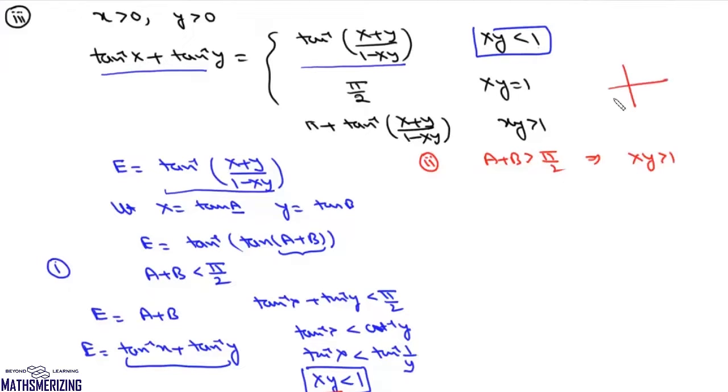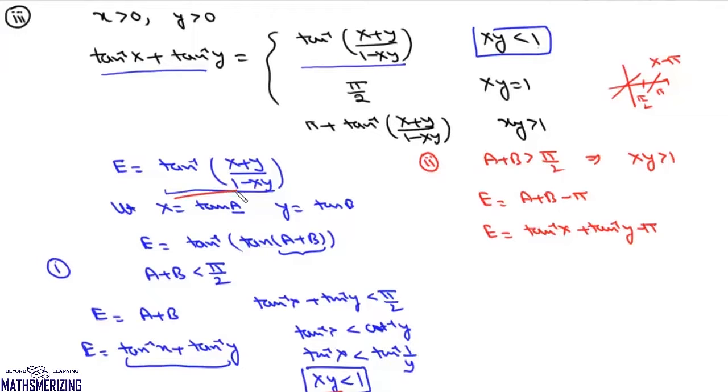If we look at the graph of tan inverse of tan x, then in this interval between pi by 2 and pi, its definition is x minus pi. So we'll get this expression as a plus b minus pi. So this E in that case will be tan inverse x plus tan inverse y minus pi.